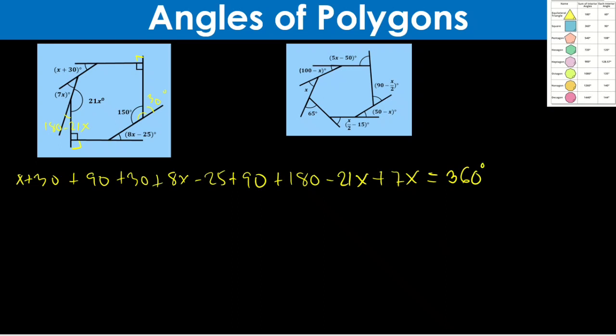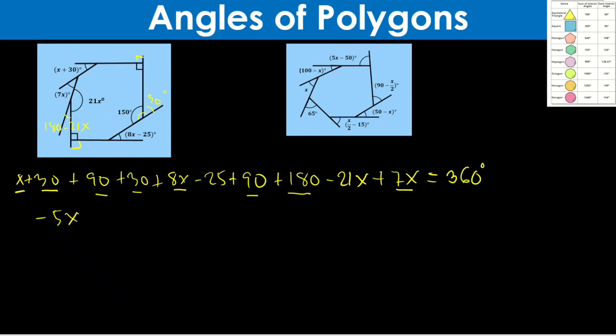Now let's sum up all the x's. That's x, 9x, 16x. 16x minus 21x gives us minus 5x. Okay, and then let's go to the remaining angles here. 30, 120, 150, 240, 420 minus 25.